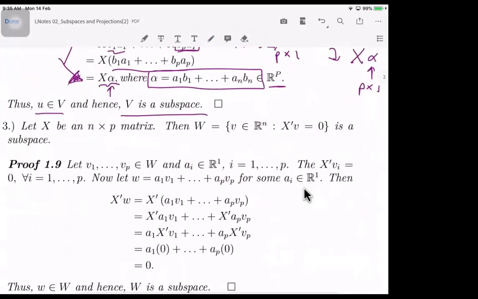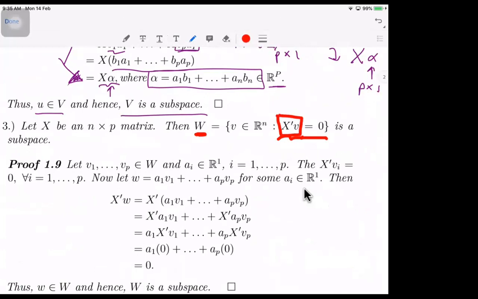Next, we show that any set, say W, of this form, which is equal to the vectors V such that X prime V equals 0, is also a subspace. So this W is a subspace.